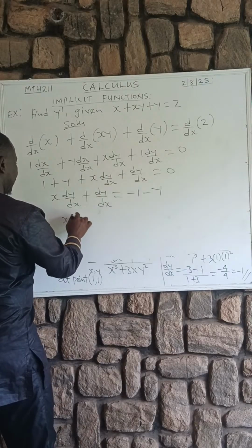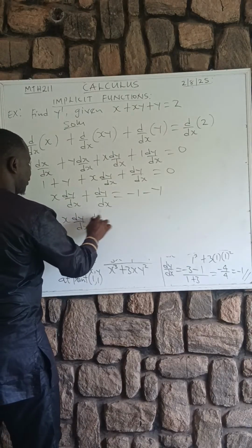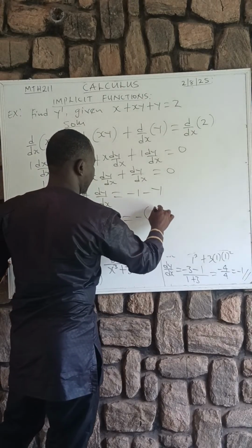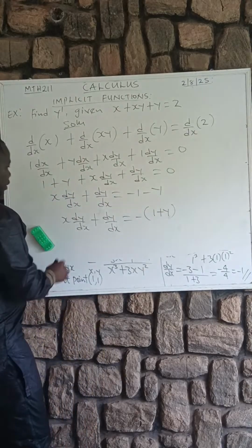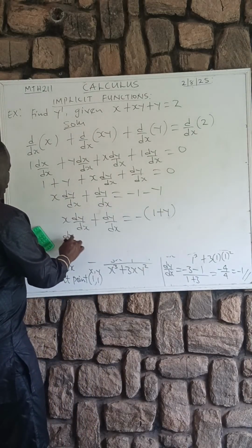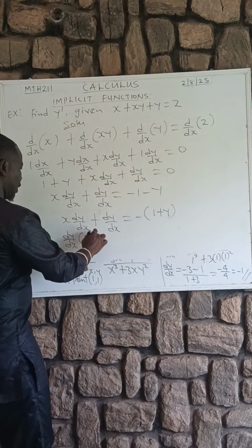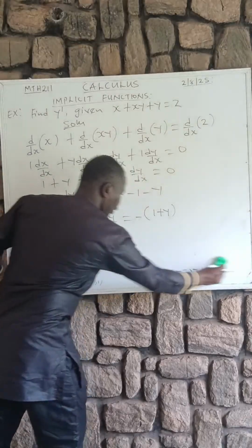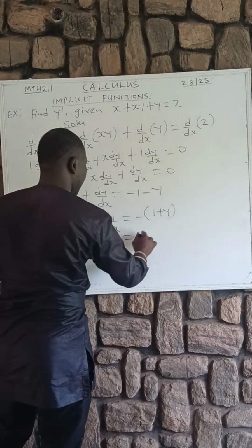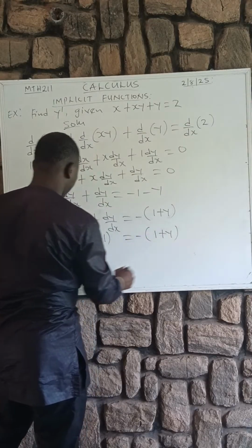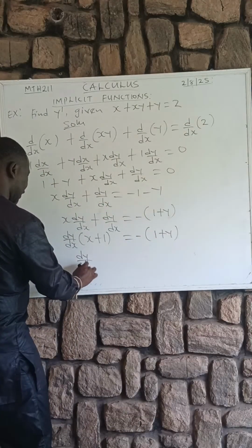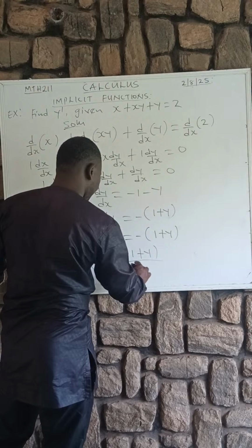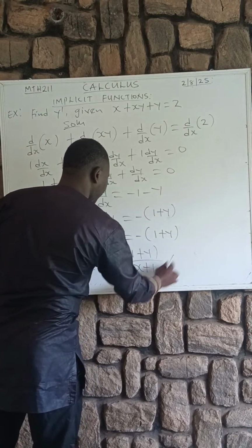Then dy over dx, open bracket x plus 1, equals to minus open bracket 1 plus y. So our dy over dx is equals to minus open bracket 1 plus y, all over x plus 1.